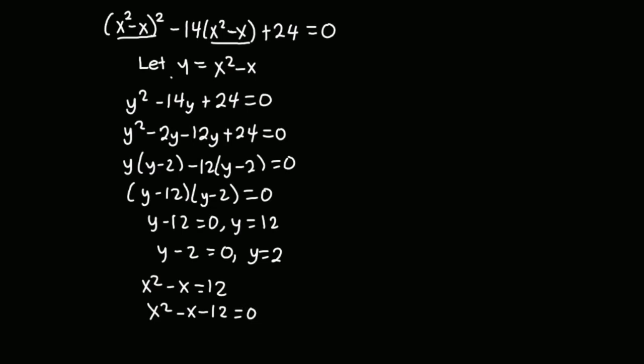We are looking for values that multiply to give negative 12, but when we add we get negative 1. These values are negative 4 and positive 3. So this will give us x squared minus 4x plus 3x minus 12 is equal to 0.